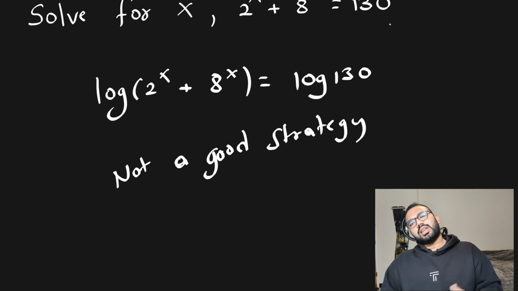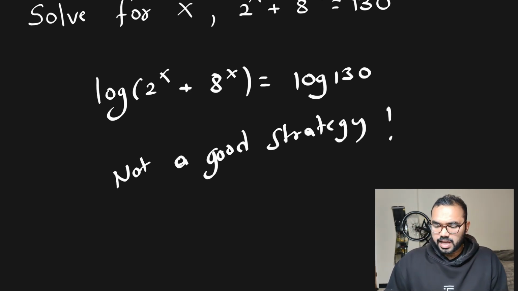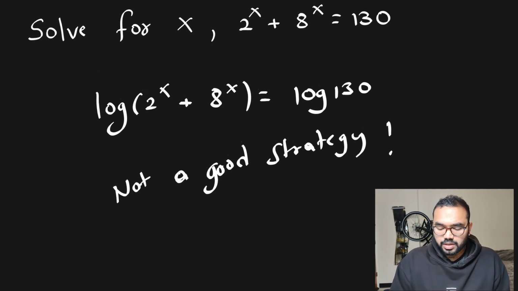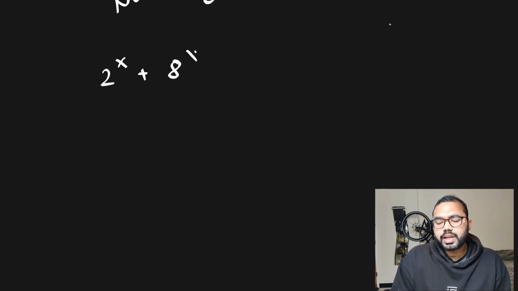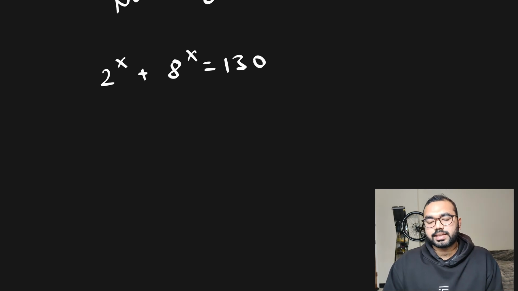Okay, then how do we solve this exponential equation? One idea that I have is you can rewrite this 8 as 2 cubed, because 8 is 2 times 2 times 2. 2 times 2 is 4, 4 times 2 is 8.